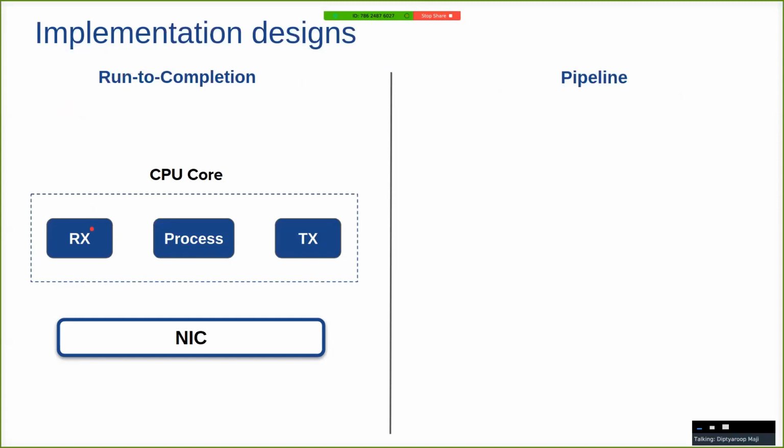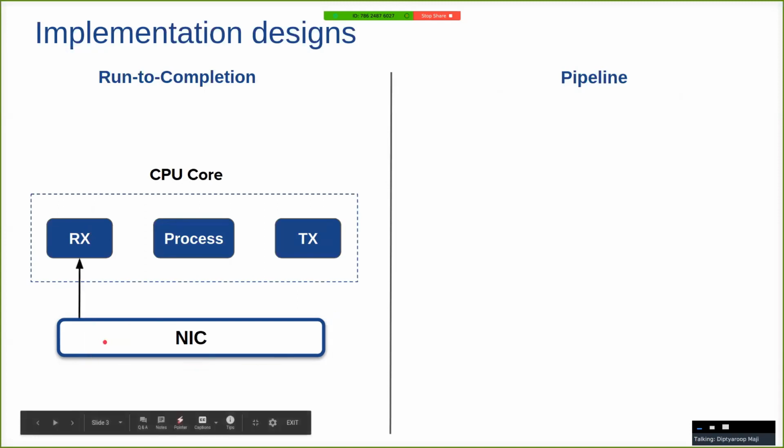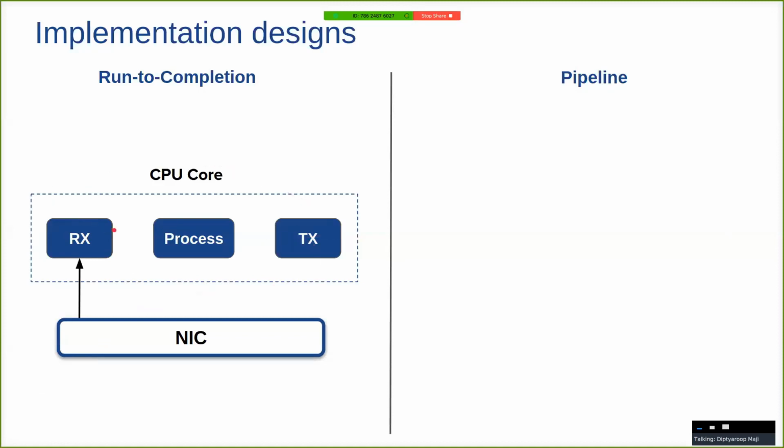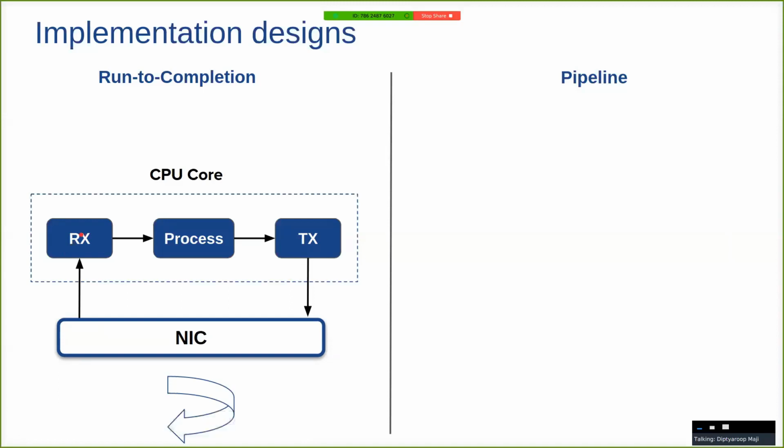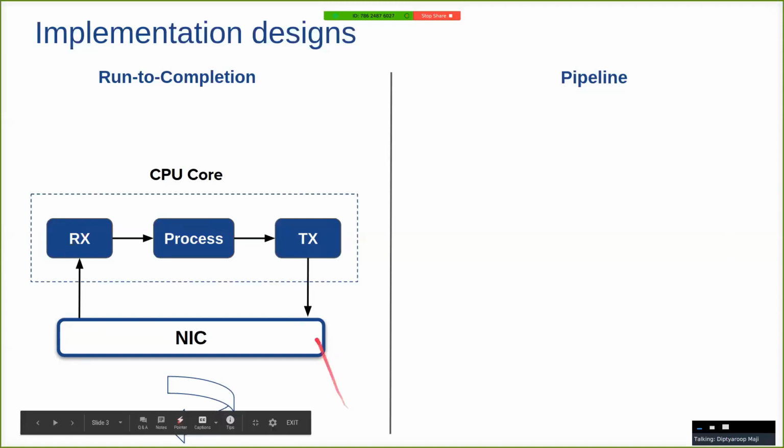In this model, whenever the NIC receives a batch of packets, any one of the cores running the DPDK application receives those packets, it processes those packets, and then finally sends them out via the NIC. And this cycle continues. That is, we receive a bunch of packets, we process them, transmit them out, then we receive the next batch, we process and transmit, and this goes on.